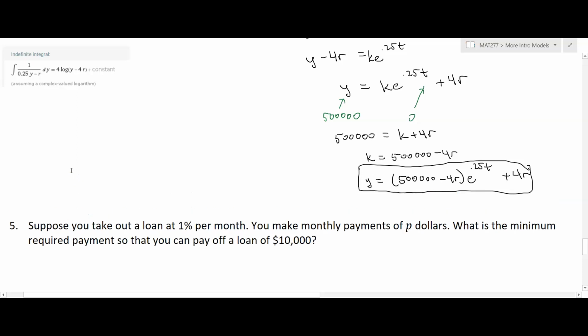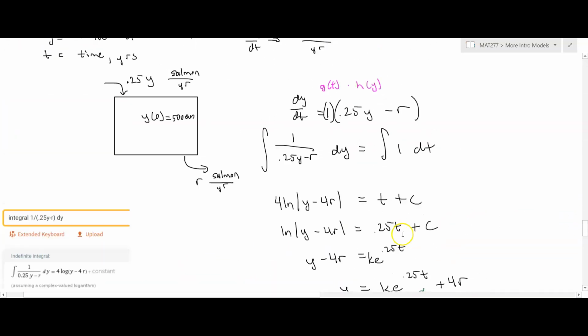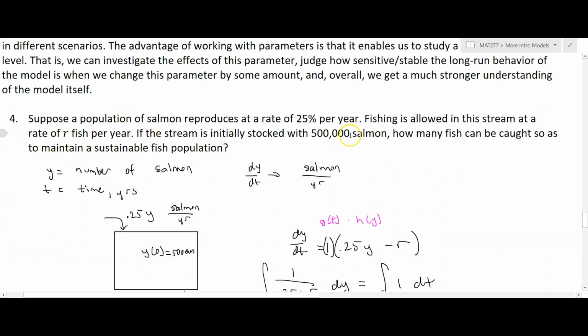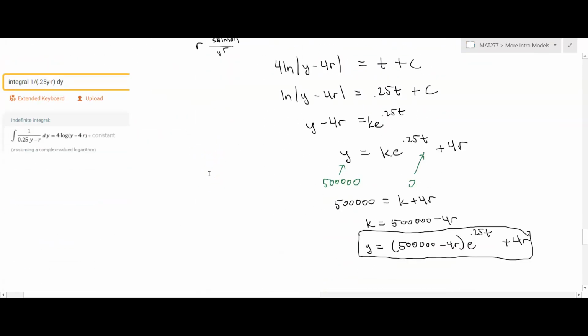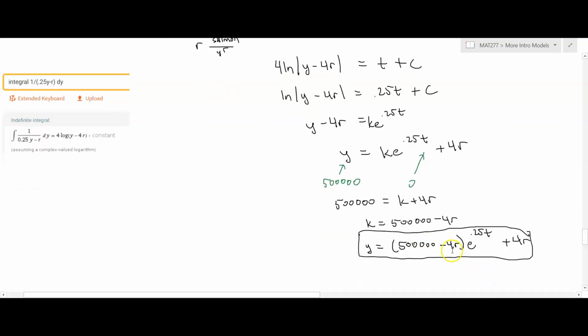So with that being said, we can now take a look at this for various values of R, and we want to determine how many fish can be caught so as to maintain a sustainable fish population. We could probably agree that what that means is we don't want the population to decline. So we want the population to either continue increasing or to flatten off.